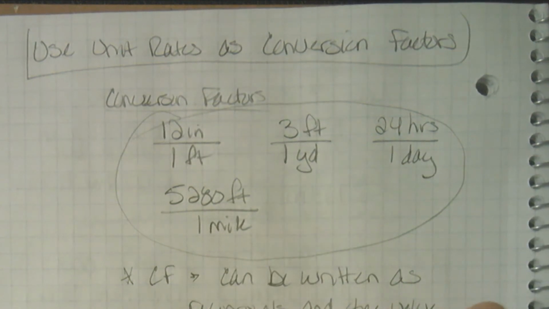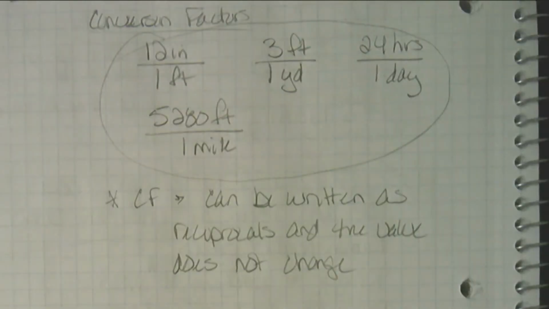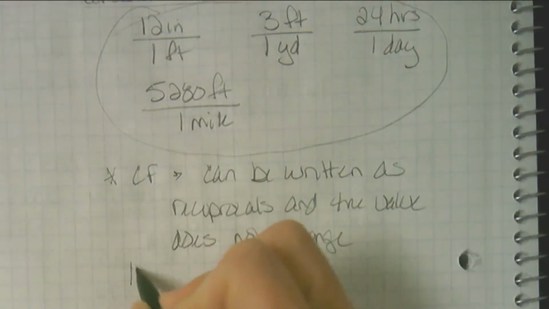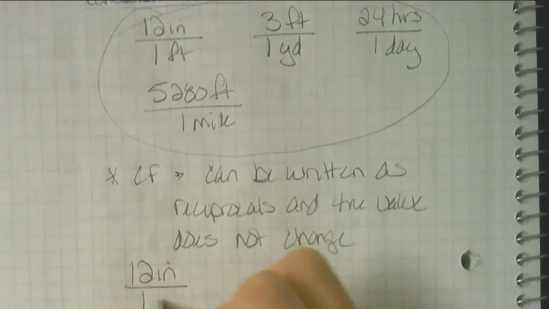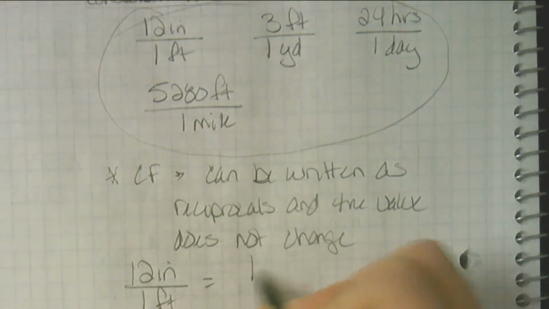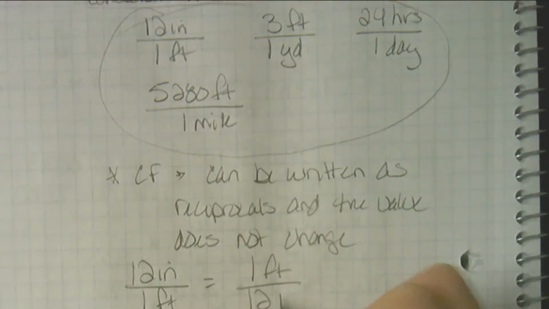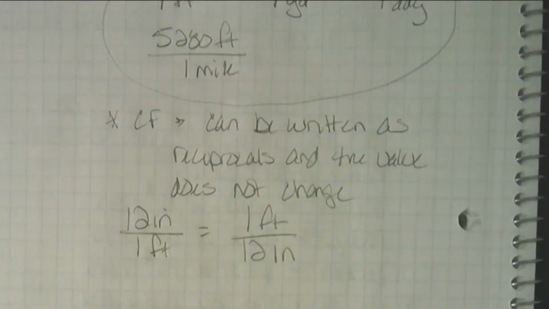And that is not true of all rates or all fractions, because the numerator and the denominator mean something. Here it doesn't. Why can I write 12 inches over 1 foot, and that's the same thing as 1 foot over 12 inches? Why can I do that?